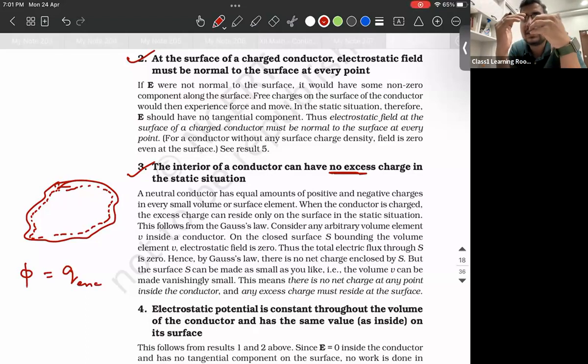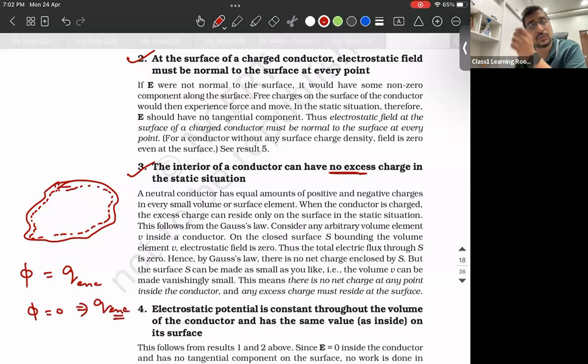But when there is no electric field itself present within the conductor, can I say that the flux is going to be zero? So when the flux is zero, that implies that the charge enclosed is also equal to zero. When the charge enclosed inside the surface is zero, where will the excess charge go and sit? There is no other option other than going and sitting on the surface of the conductor.